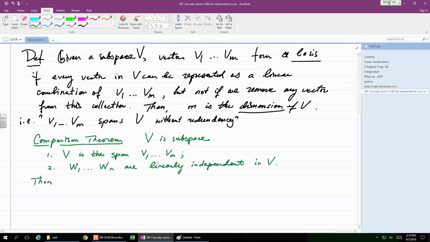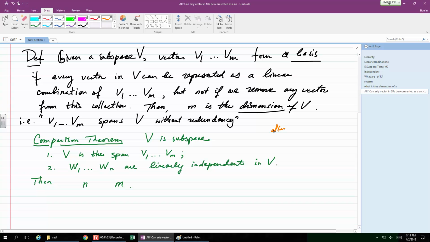Then, okay, well, can you tell me the relation between n and m, based on this? Well, let's approach it this way. Let's just analyze this.